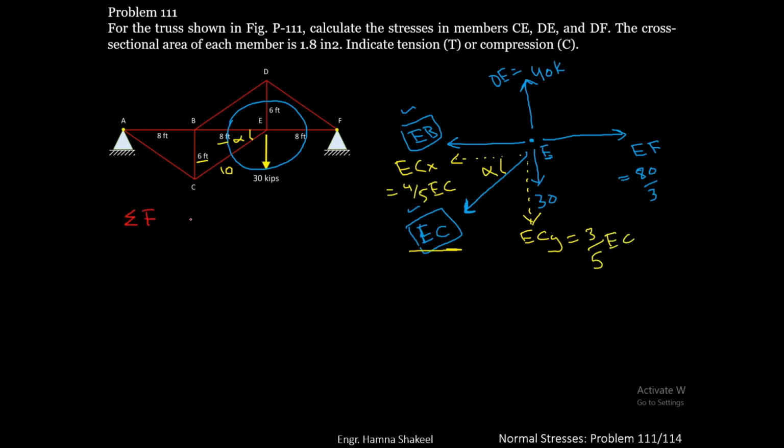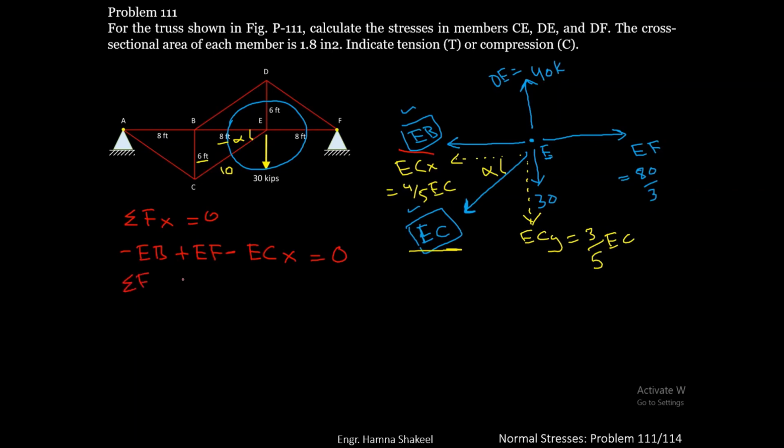So let's start with sigma Fx equal to 0. It will be equal to minus EB plus EF minus ECX equal to 0.